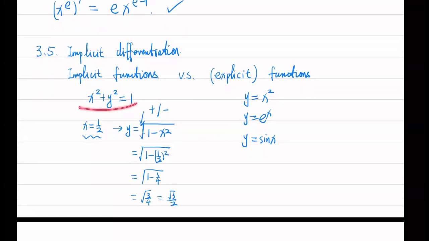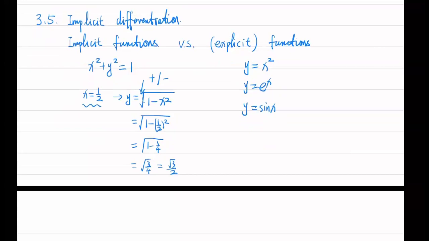So this also defines a function of y depending on x, but this dependence is not as explicit as we had over there. The dependence is implicit. We call this an implicit function.